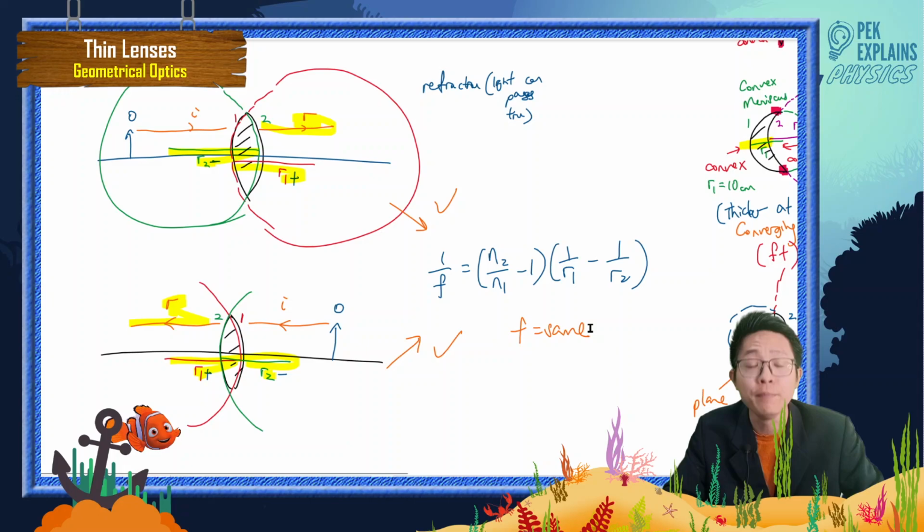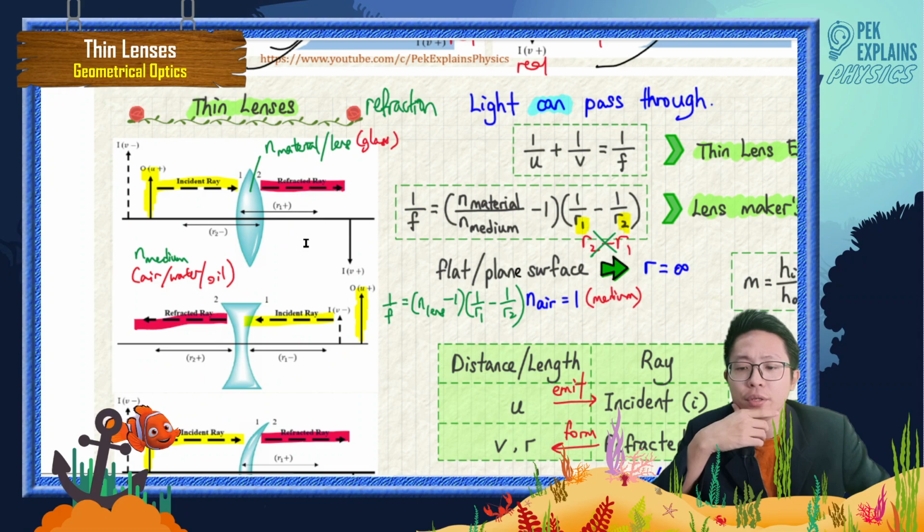Now I want you to look at this positive and negative sign. I want to explain one last time. How do we determine whether the image distance and the radius are positive? Look carefully, it's very simple.